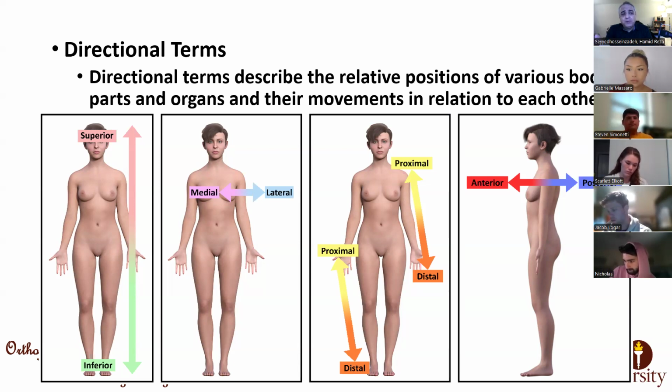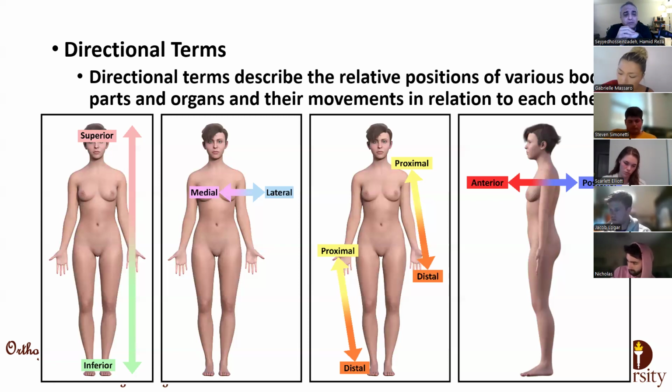When we say something is superior to the other thing, it means, for example, if A is superior to B, it is above, A is above B. In this picture, you see head is above chest, and chest is above leg, and legs are below the abdomen. Superior and inferior doesn't mean they contact each other. It is just a relative word.